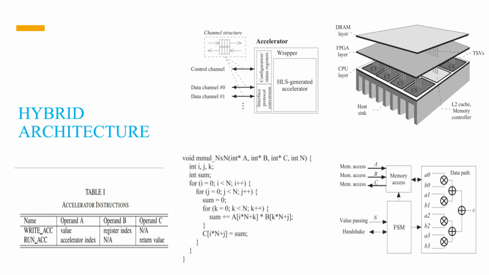As a result, it generates much less heat and is placed farther from the heatsink. Above the FPGA layer is the DRAM layer. It contains the system memory. It usually generates the least heat and is hence placed farthest from the heatsink.